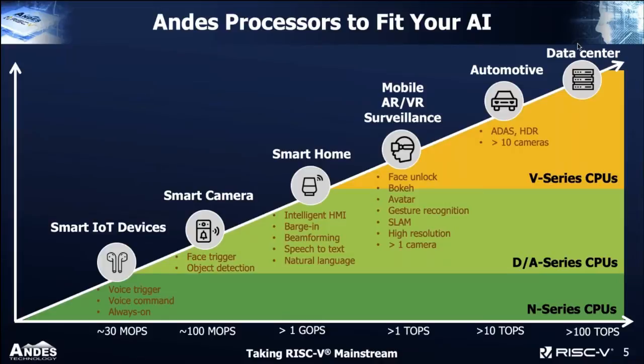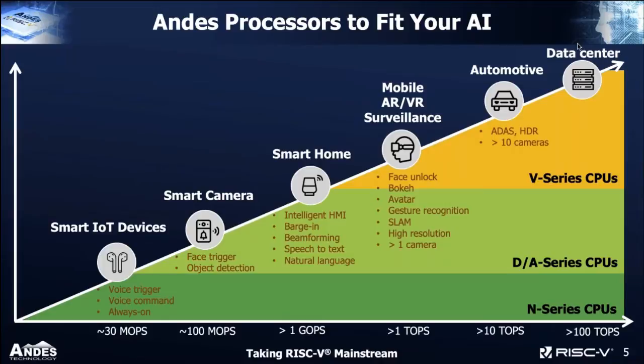Again, moving up the performance spectrum, we have the V-series processors, which are CPUs enabled with the V extension, or vector extensions. These could include face unlock, face recognition, bokeh image processing, avatar gesture recognition, and higher resolution cameras, including ADAS, where you might have multiple cameras or multiple sensor inputs that need to be processed in real time.